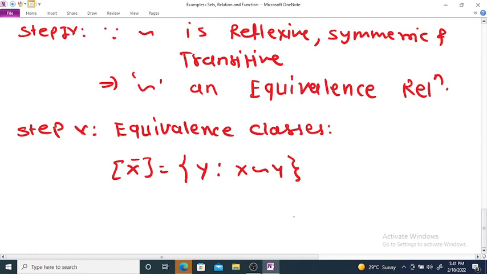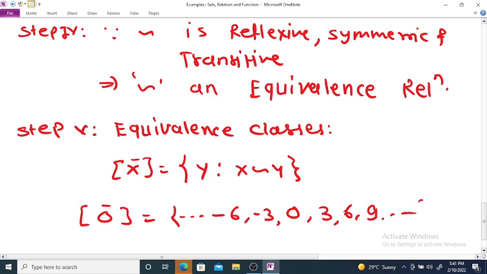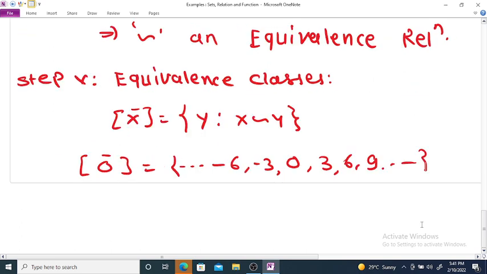If you start from 0 bar, it contains all numbers related to 0, which are -6, -3, 0, 3, 6, 9 and so on, because their difference with 0 is a multiple of 3.